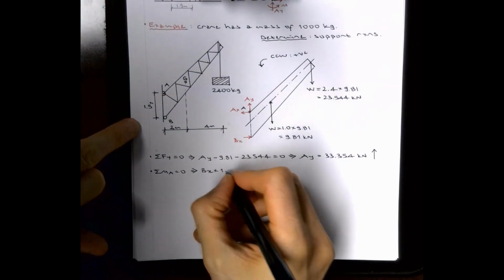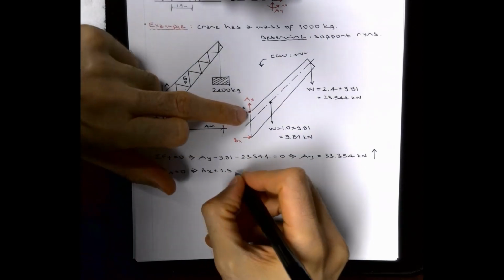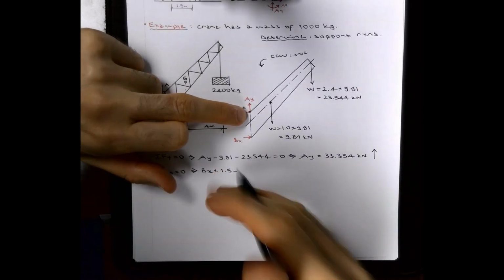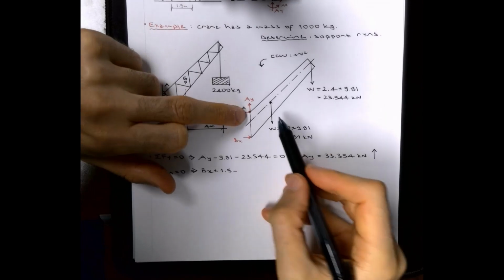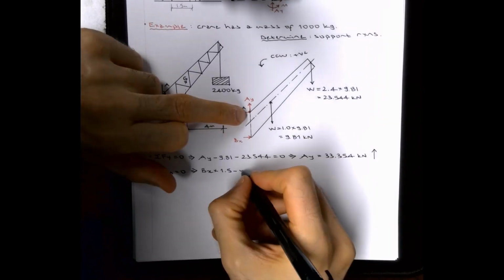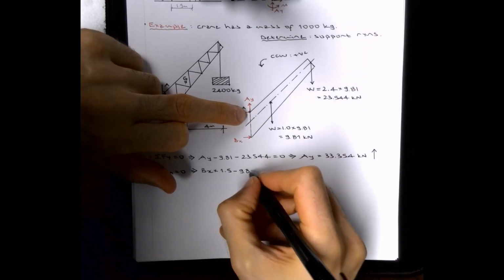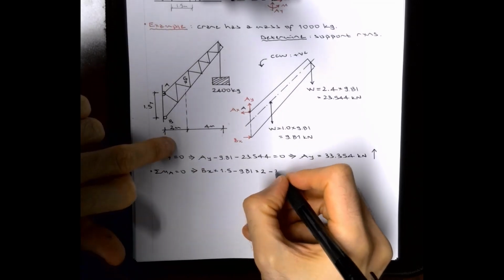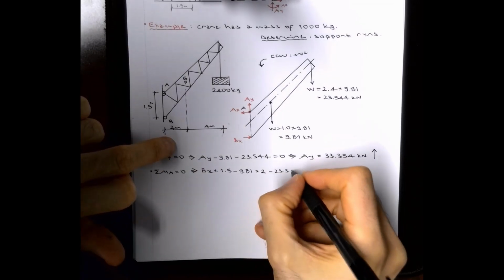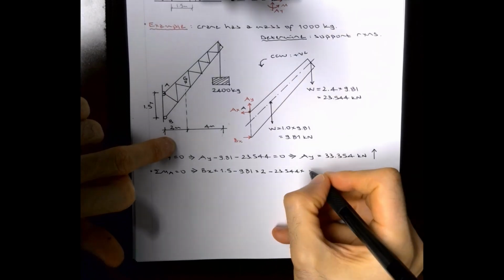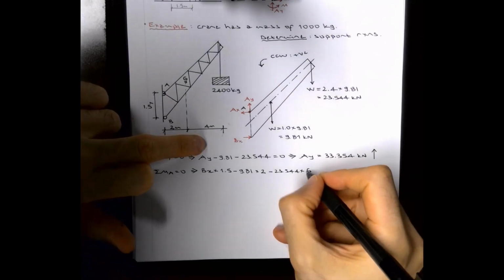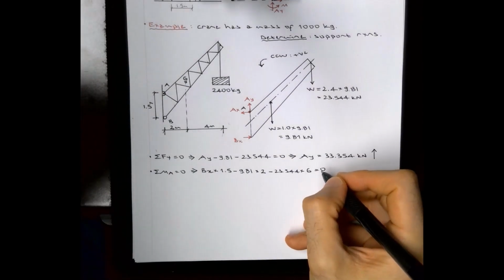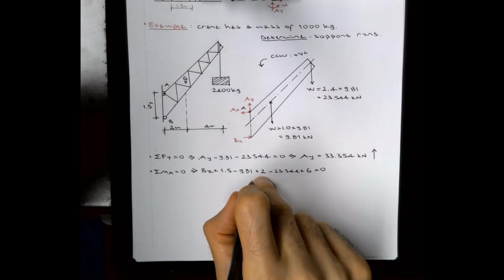Again, this is the concept of taking moments about a point, and you should have no hesitation with regards to the perpendicular distances when you do that. This is going to be 9.81 times perpendicular distance 2 minus 23.544 times perpendicular distance 6, equal to 0. I think I captured all.